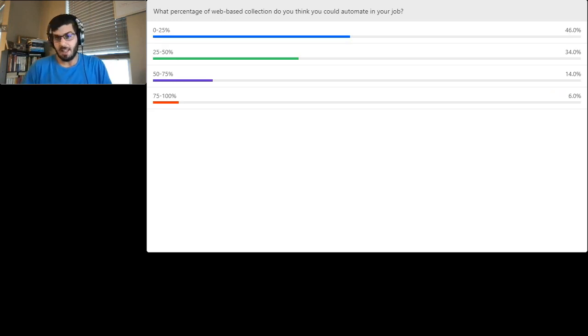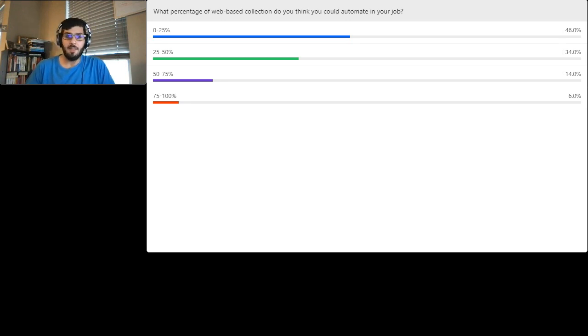So, and this is kind of what we expected. A lot of the bottom half, there's a lot that can be automated, but for a lot of people, until you've actually implemented it into workflow, we see that it's usually about 50% of the day-to-day tasks can usually be automated. And this has to do with a lot of the highly specific analyst-driven collections that we've seen from a lot of our customers and a lot of companies we've talked to.